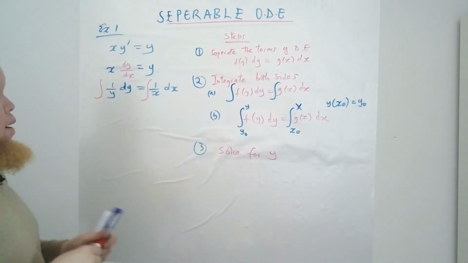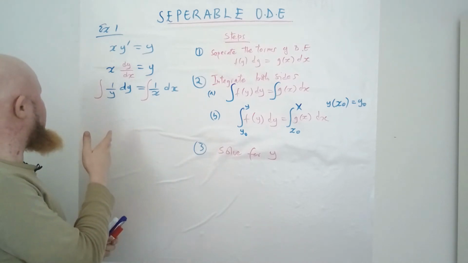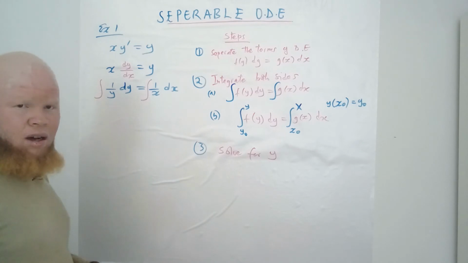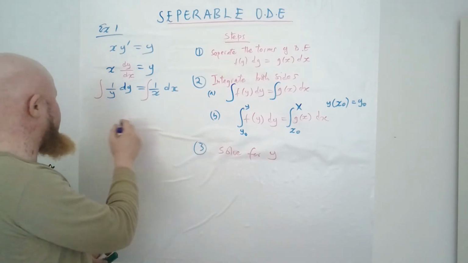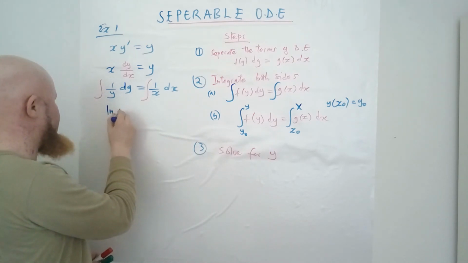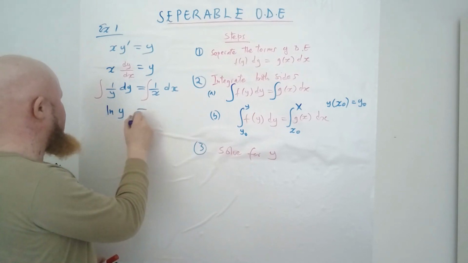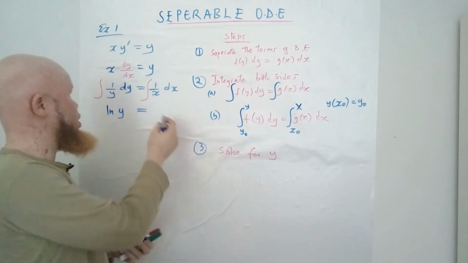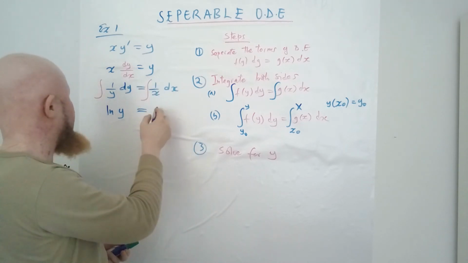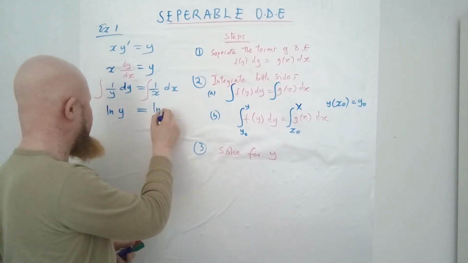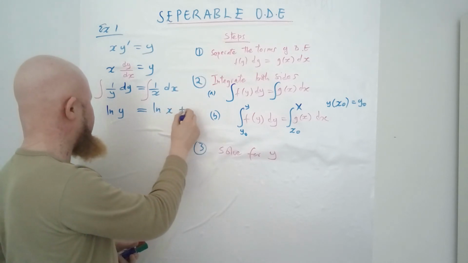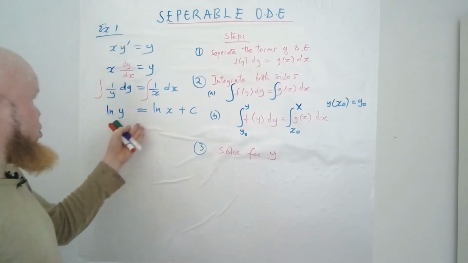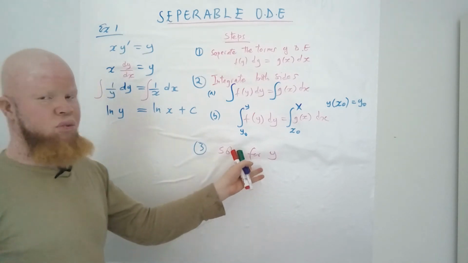You know that the integration of 1 over y is ln y, and you can keep the constant, because you eventually have a constant here also. The integration of the other side will be ln x plus c. That's it, guys. You can stop from here, but the third step is optional.